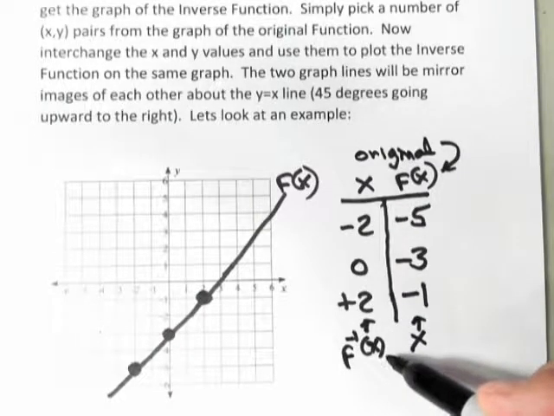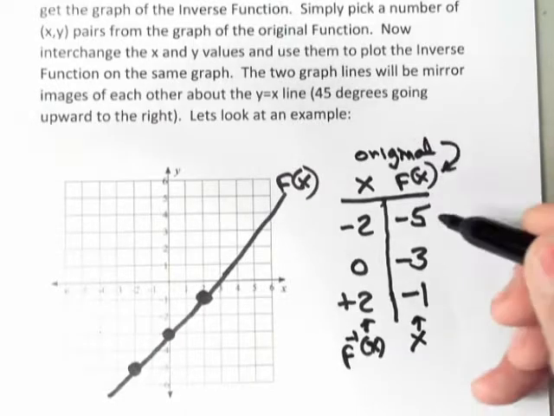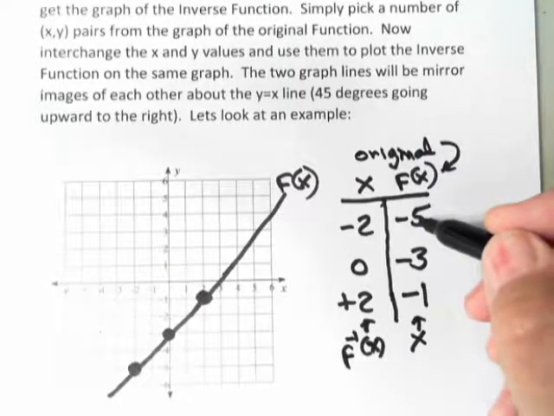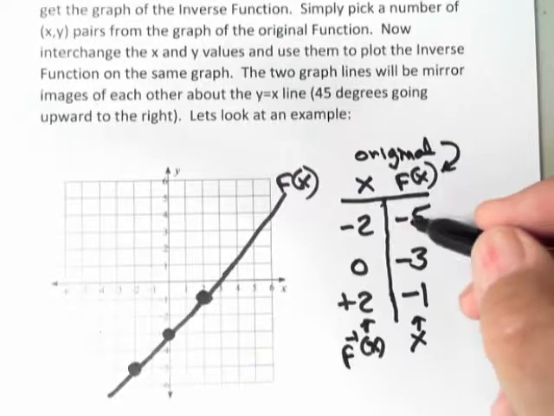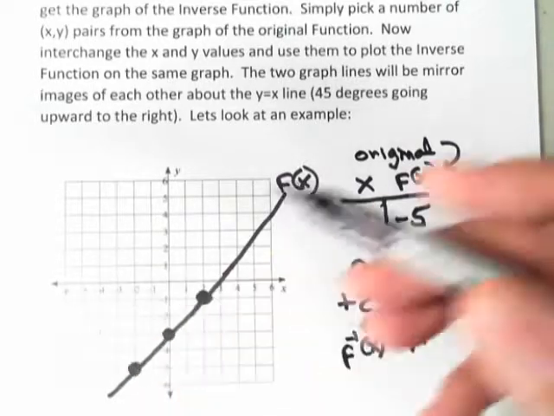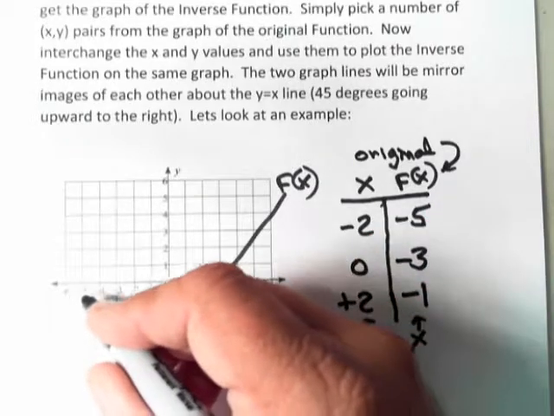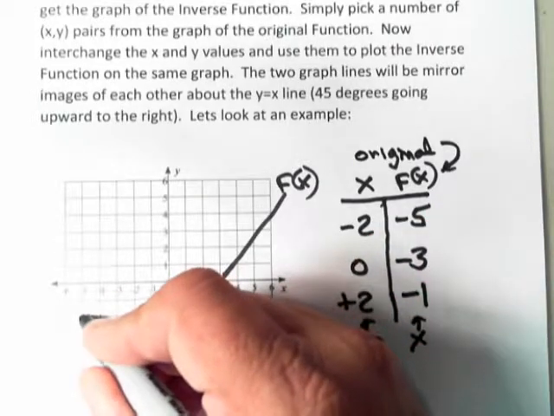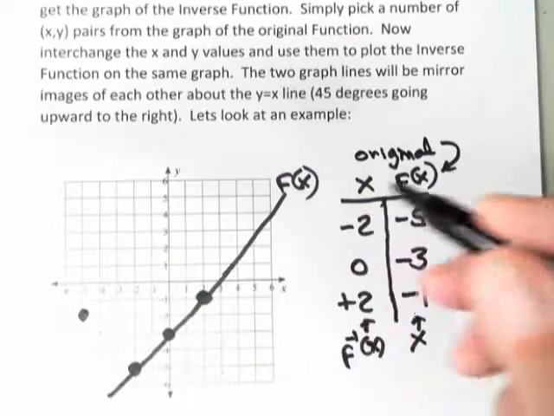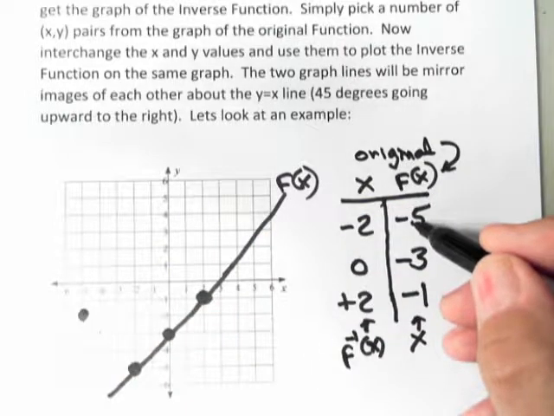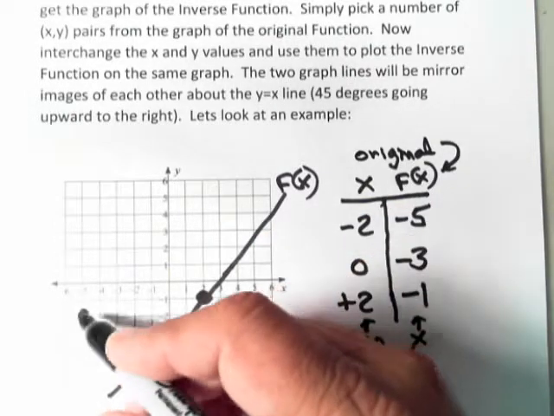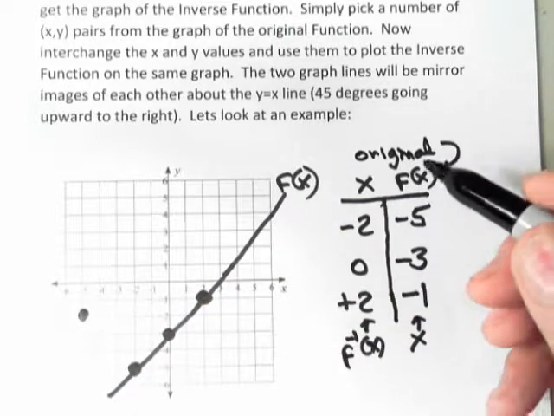Works real nice with the table of values like this. So okay, if x is -5, -5 is over here, y is -2, so here we go. There would be my first point. X equals -5, y equals -2.